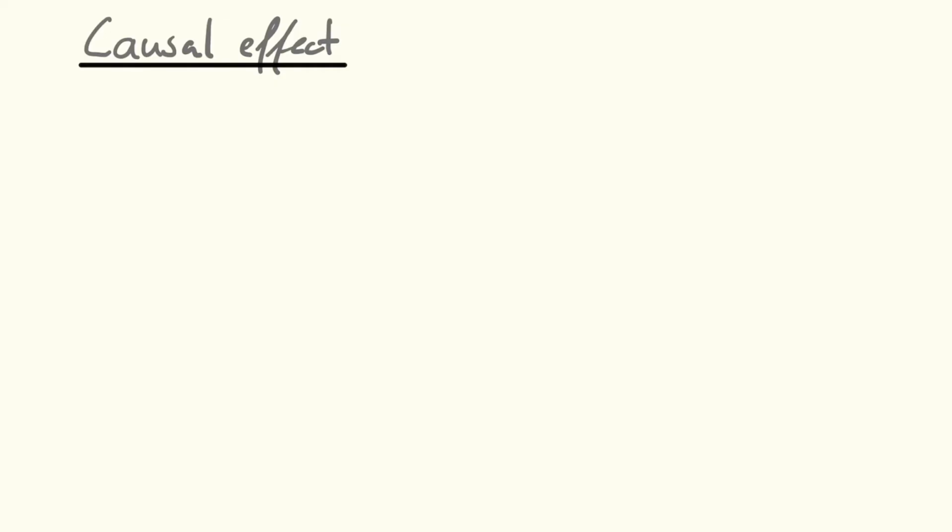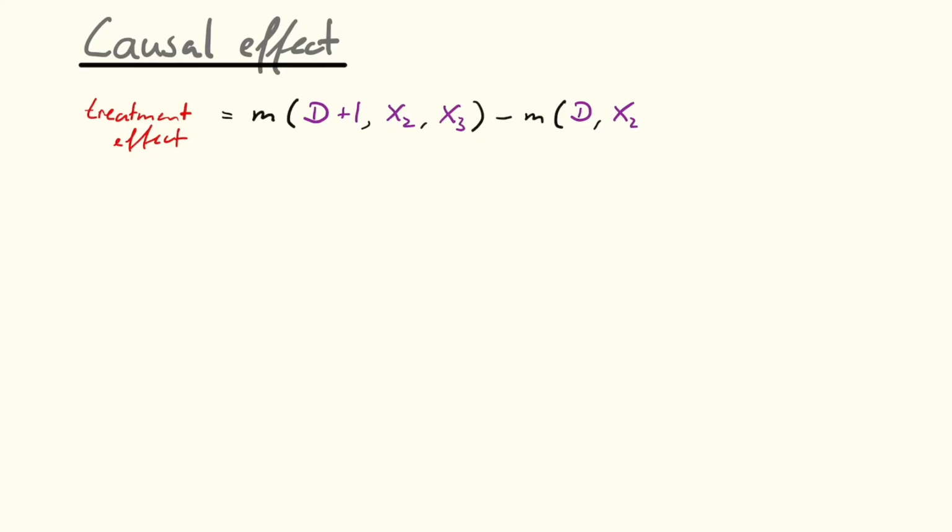Adapting our earlier formula, the ceteris paribus treatment effect is given by the M function evaluated at baseline treatment plus 1 and confounders at baseline level, minus the M function at baseline treatment and baseline confounder levels.